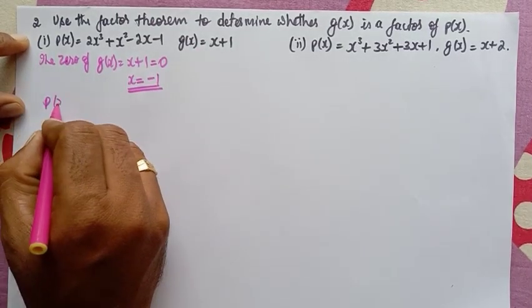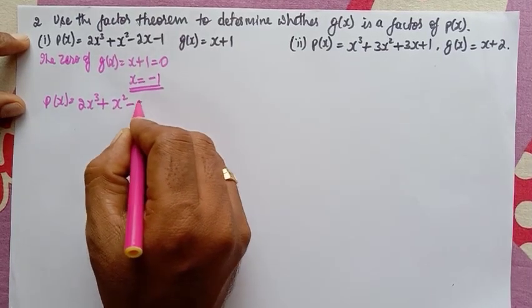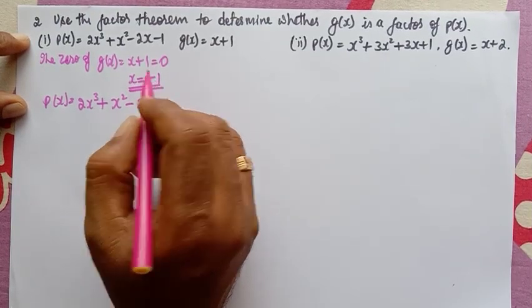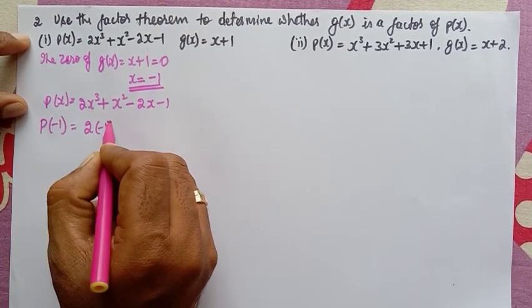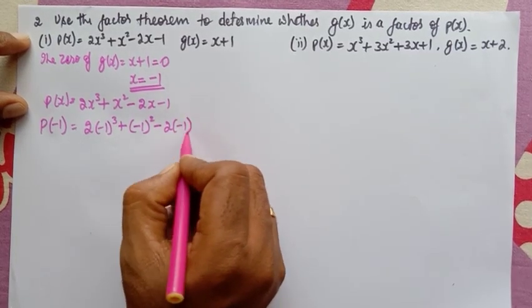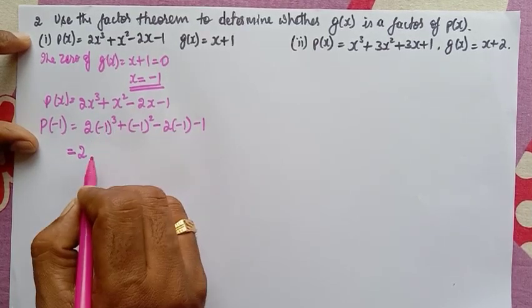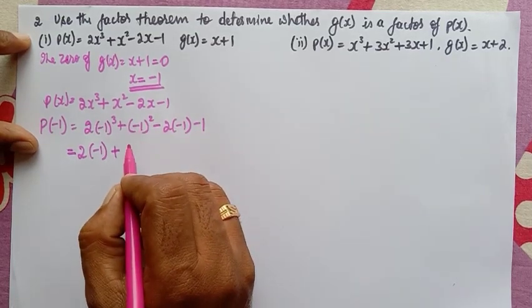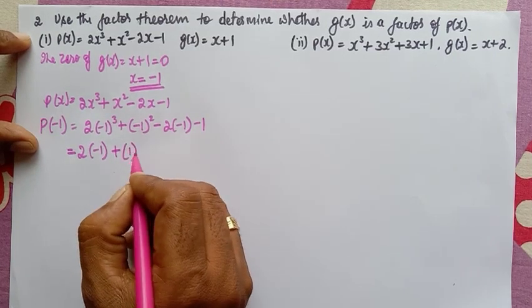So, the p of x is 2x cube plus x square minus 2x minus 1. So, on substituting x is equal to minus 1 in p of x, p of minus 1 is equal to 2 into minus 1 whole cube plus minus 1 whole square minus 2 into minus 1 minus 1, which is equal to 2 into minus 1 whole cube is minus 1 plus of minus 1 whole square is plus 1.